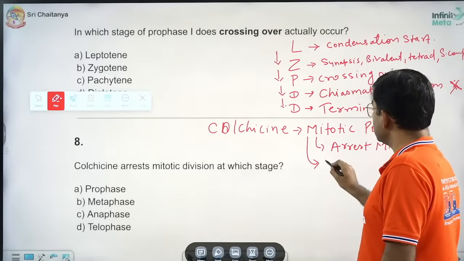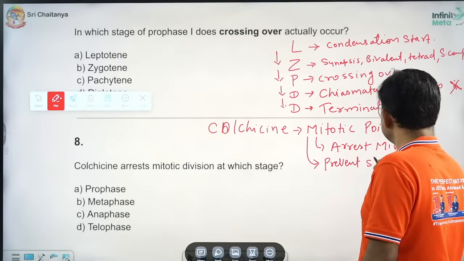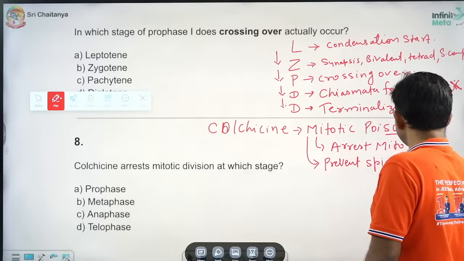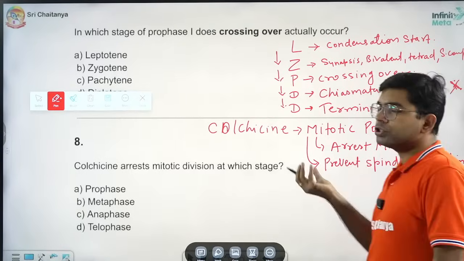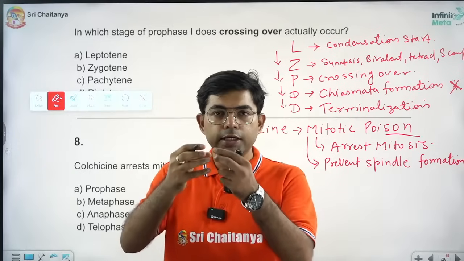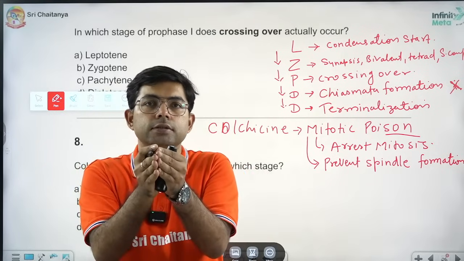Why does it arrest mitosis? Because it prevents spindle formation, or this is a very loose term, the spindle formation just remains as it is, right?